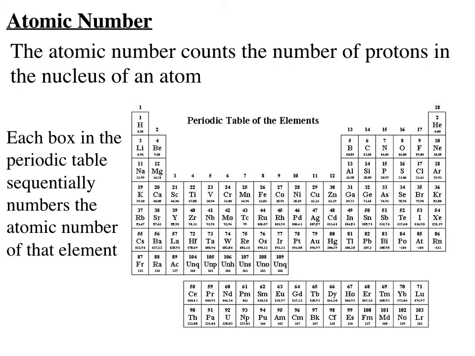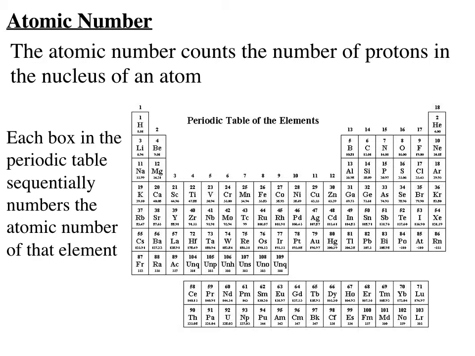The modern tables go up to element 114. It's sequential, starting at number 1 and going up to 114. Not only is that number at the top of the box sequentially counting the number of elements that exist, it is also telling you the atomic number.